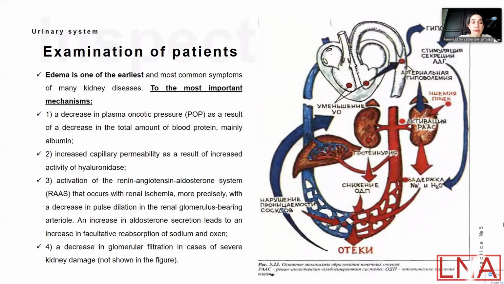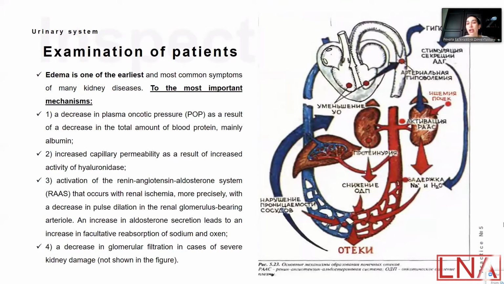Third, activation of the renin-angiotensin-aldosterone system that occurs with renal ischemia, more precisely with a decrease in pulse dilatation in the renal glomerulus-bearing arteriole, and a decrease in aldosterone secretion leads to an increase in facultative reabsorption of sodium and potassium. A decrease in glomerular filtration in case of severe kidney damage.